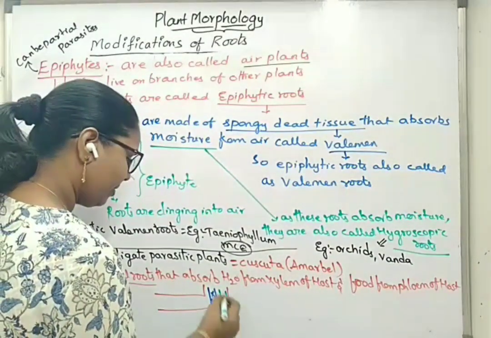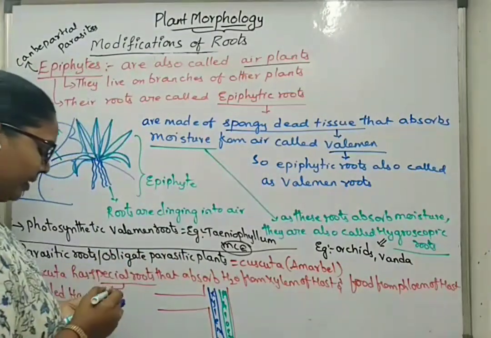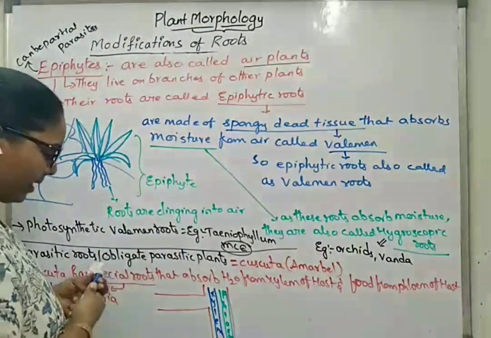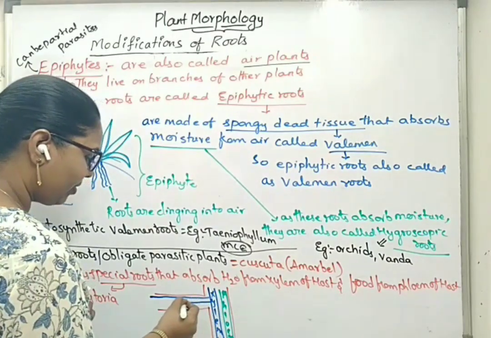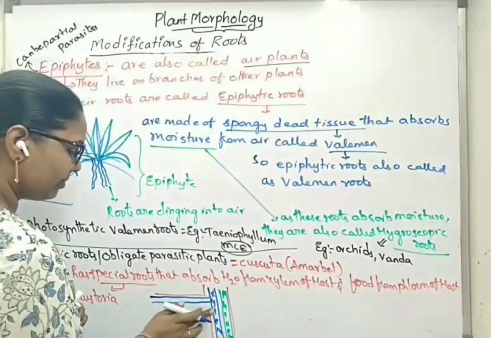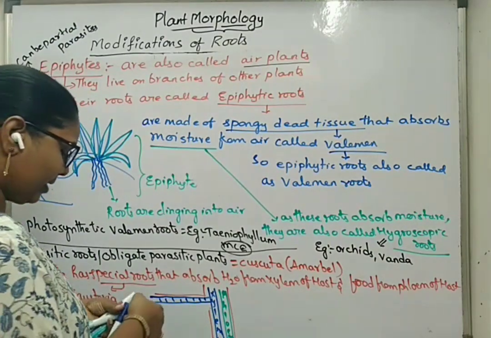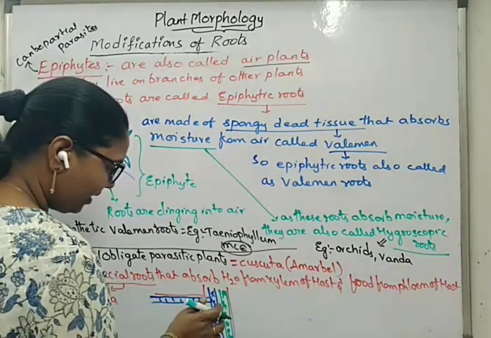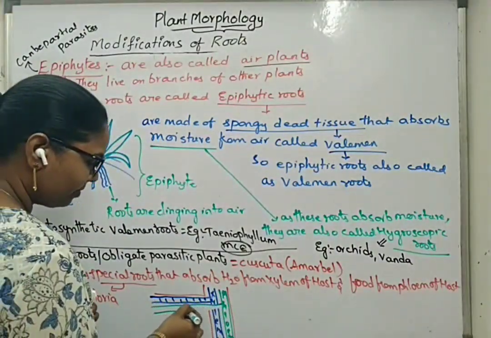Green color one is phloem. Now, cuscuta has direct contact with xylem for water, next direct contact with phloem for food.